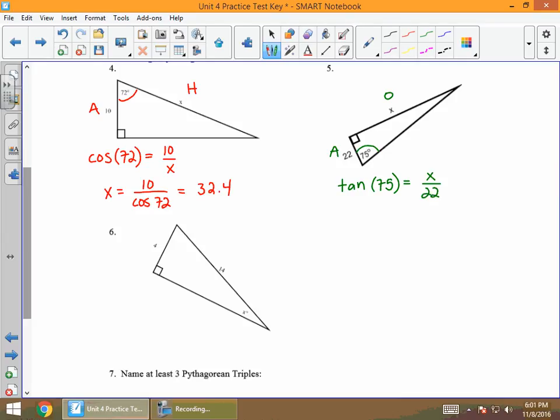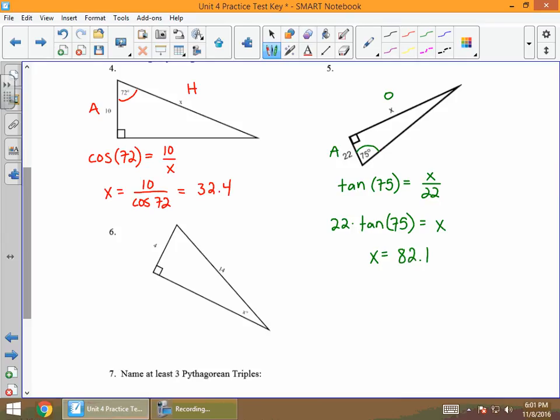To get x by itself, I have to multiply both sides by 22. So 22 times the tangent of 75 equals x. Type that directly into your calculator. 22 times tangent of 75, round to 1 decimal point, and x is equal to 82.1.